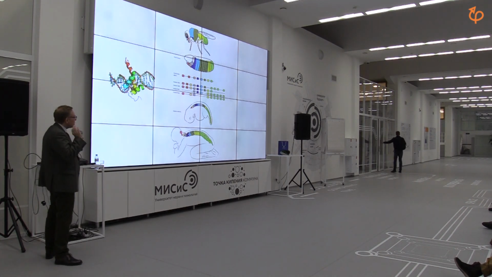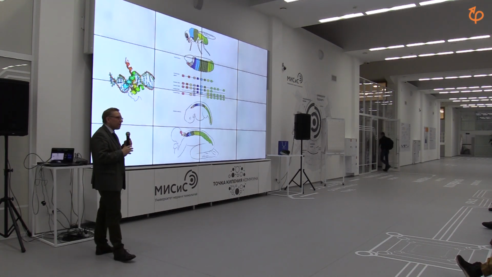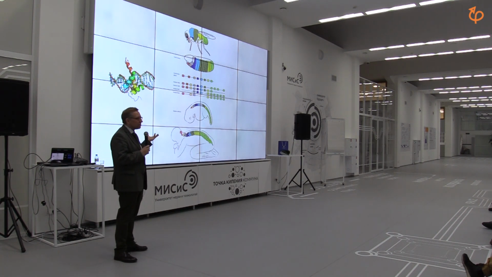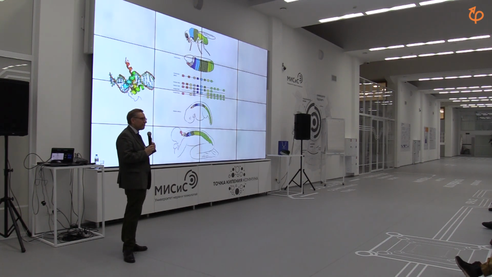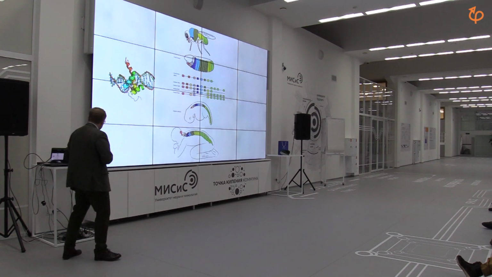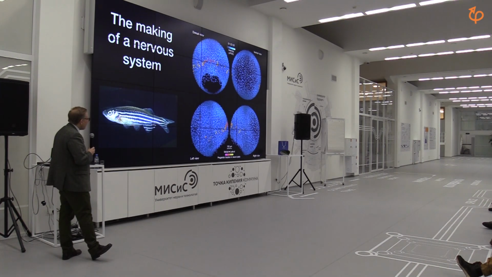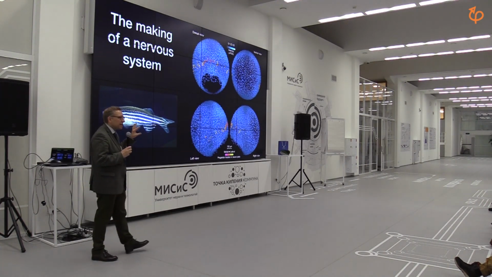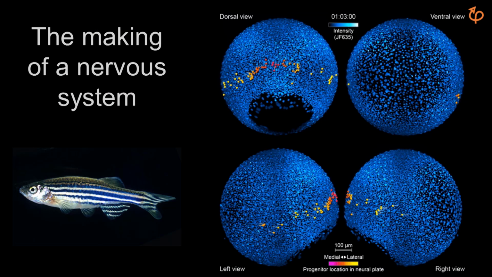And now I show you another amazing movie from also Philip Keller again from Janelia Farm, who also studies zebrafish development. And this is one of the most advanced microscopes. And this video has just been published like 2 months ago.